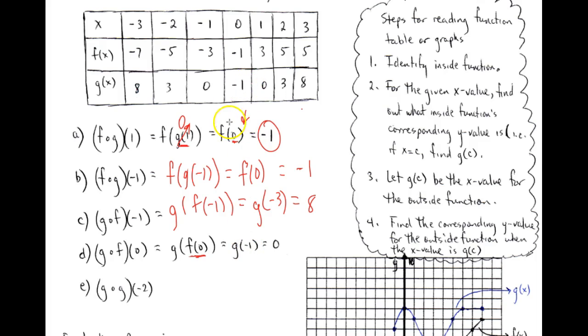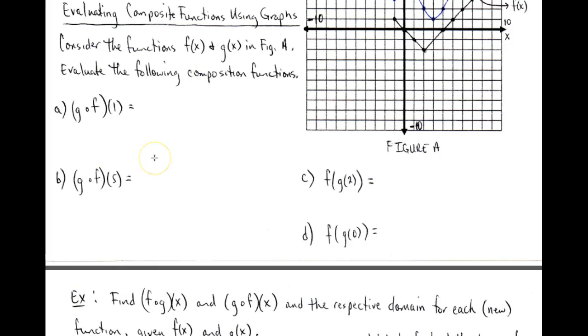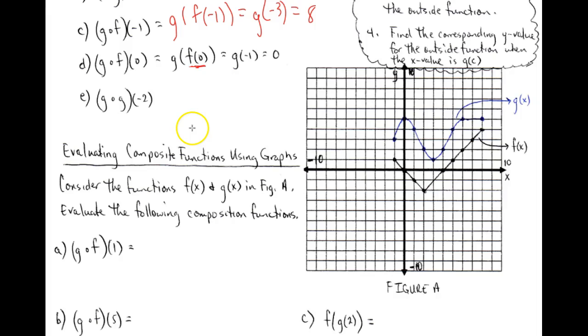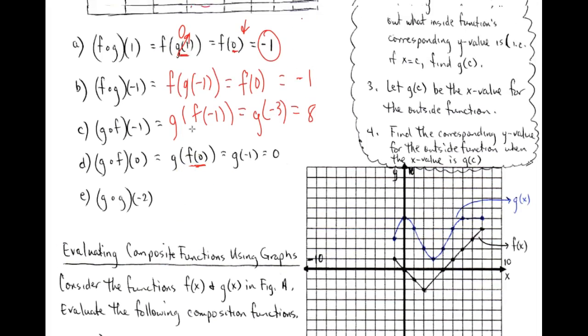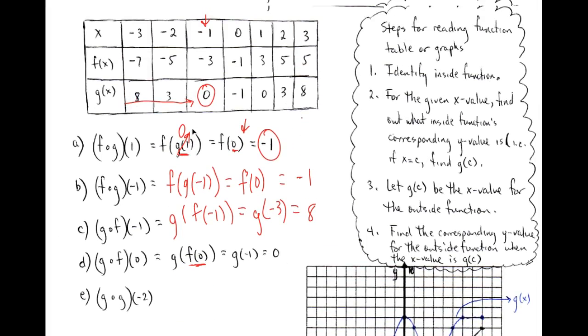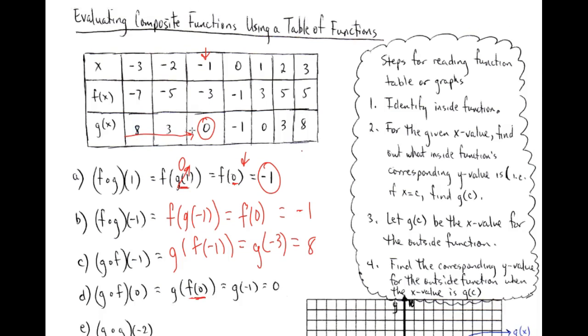And we know that g of negative 1, so when x is negative 1, what is g? We see that ends up equaling 0. And so we see how we get 0 right here.